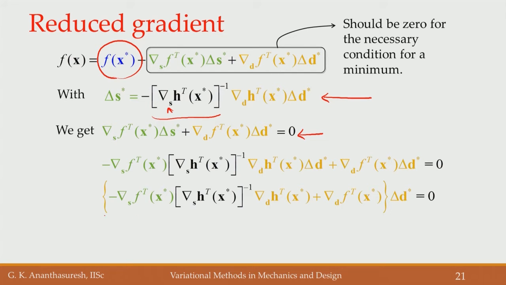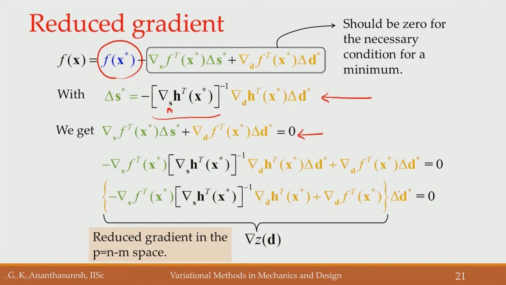So, what we have here is minus gradient of f with respect to S times the inverse of gradient of h with respect to S, times delta D h evaluated at that point, and then delta f, all of that we have. Now, just like what we had done earlier, first of all this is called the reduced gradient, reduced because it is reduced to the n minus m variable space.